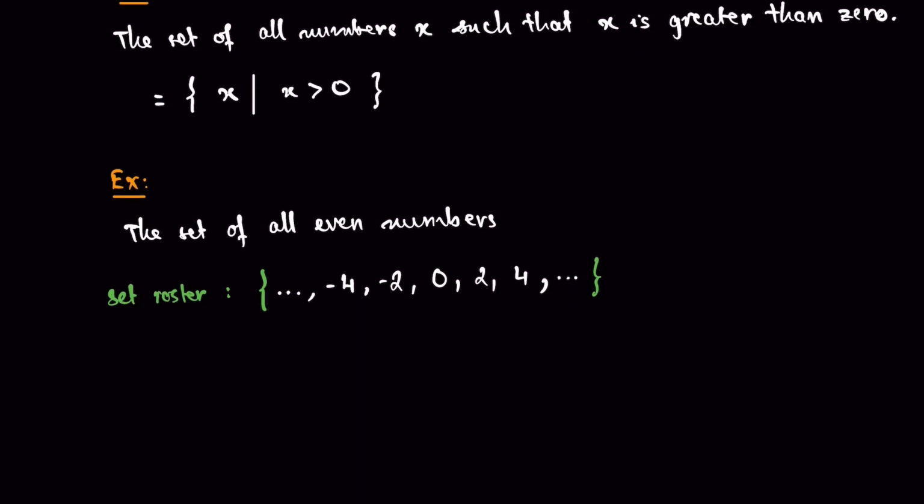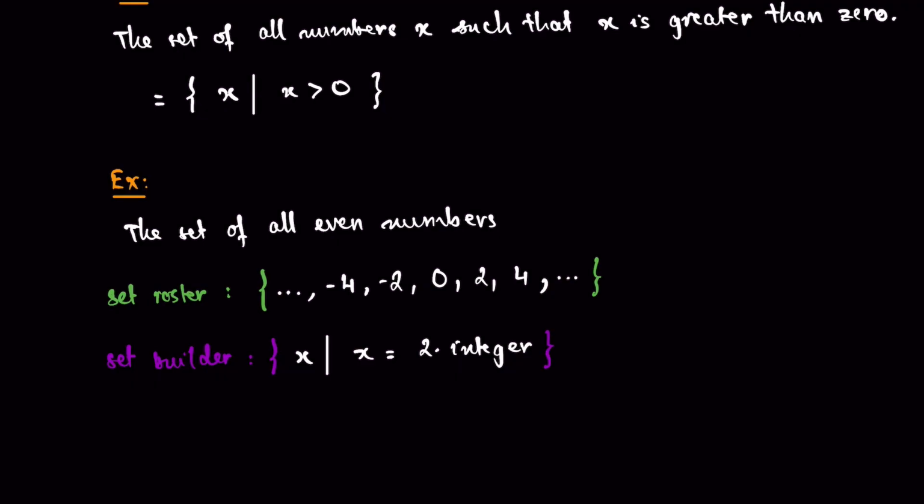Now, the set builder notation is going to be very helpful in this kind of problem where you are dealing with infinite sets. You can use the set builder as follows. You want to include all the values of x such that x is equal to 2 times an integer. And you close the set using the curly brackets.